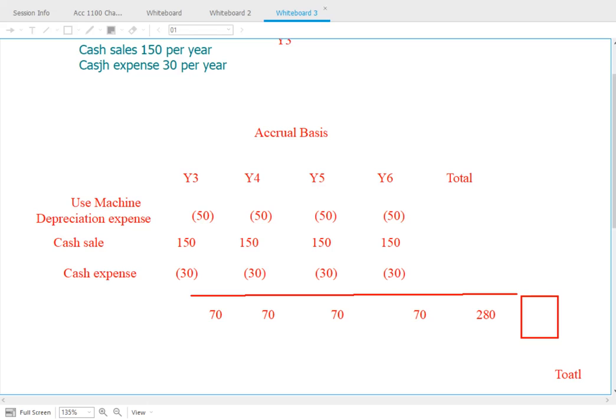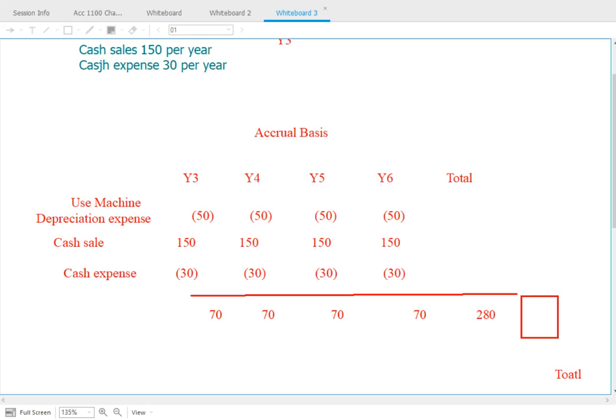But how the revenue, how the net income is divided from one year to another, this is the difference between the cash basis and the accrual basis. So you have to keep in your mind that in the long term, the cash basis and the accrual basis will give the same answer.